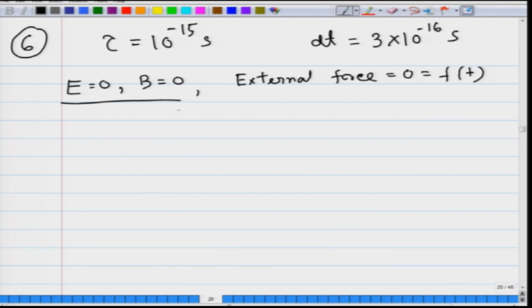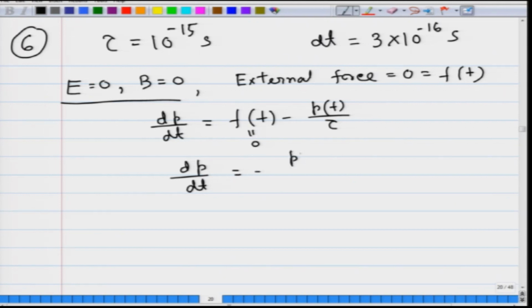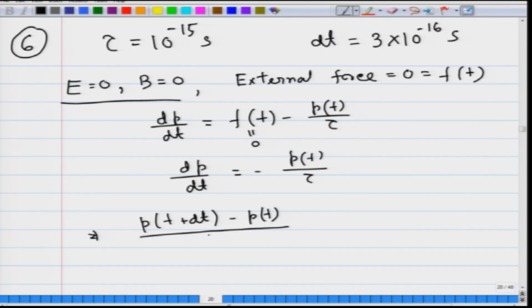From the Drude equation, dp/dt equals F(t) minus P(t)/tau, and F(t) is 0, so dp/dt equals minus P(t)/tau. This dp/dt we can write as P(t plus dt) minus P(t), over dt, where dt we have 3 into 10 to the power minus 16, and tau is given as 10 to the power minus 15.